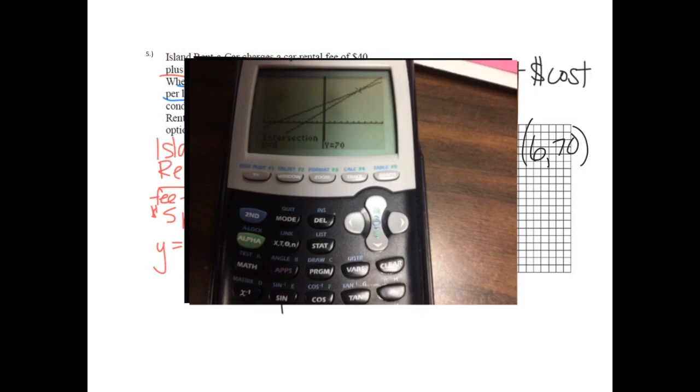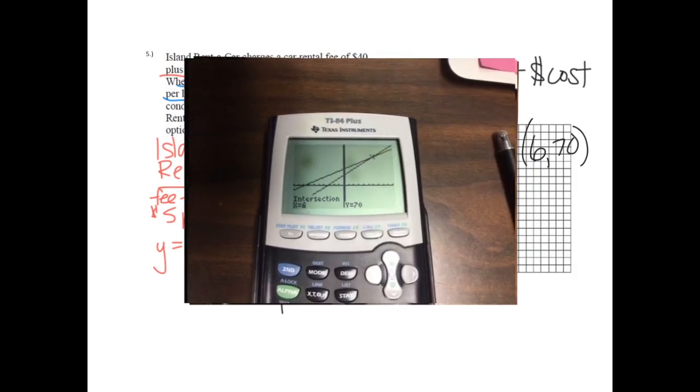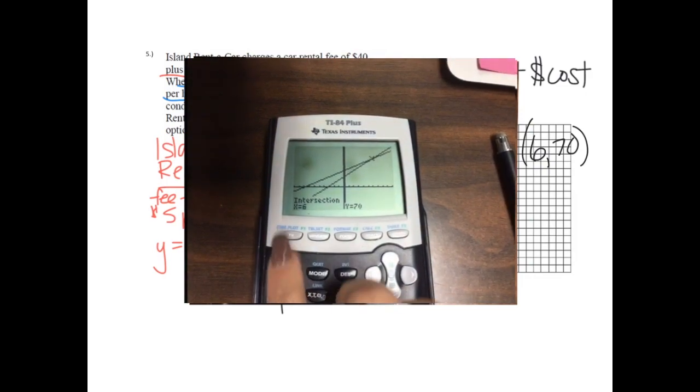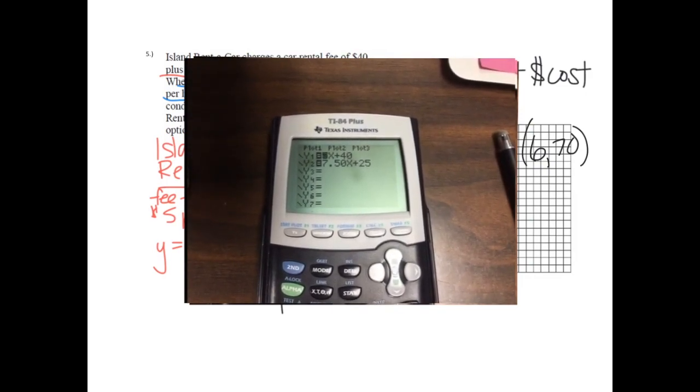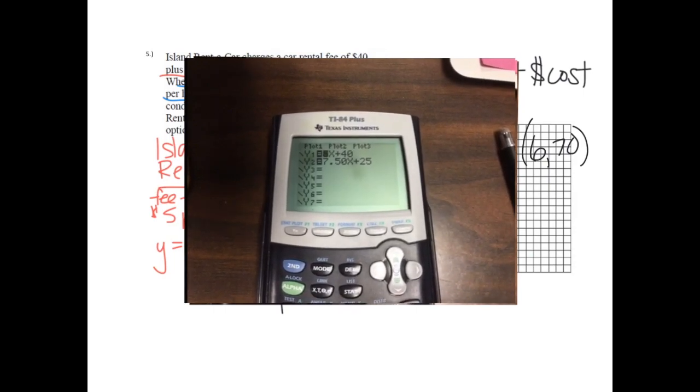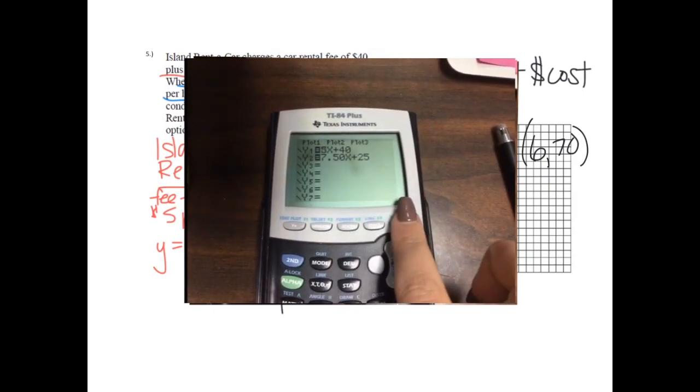So let's look again at the tables to see what's really happening. So this is our graph. If we go back to the table, y equals, I see we have Island Rent-A-Car in Y1 and we have Wayne's Wheels in Y2. So let's look at the table of values.